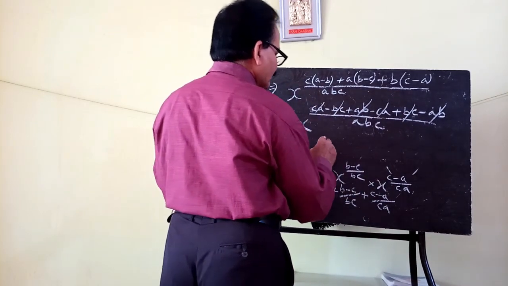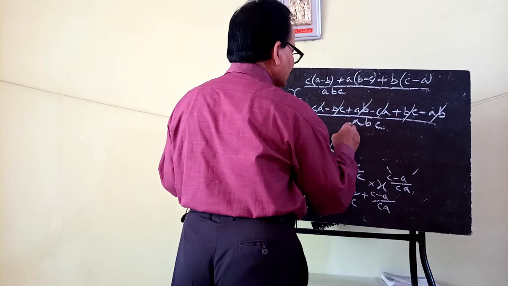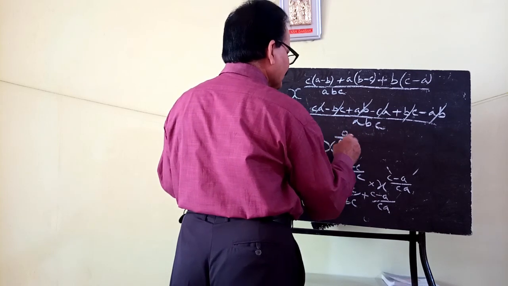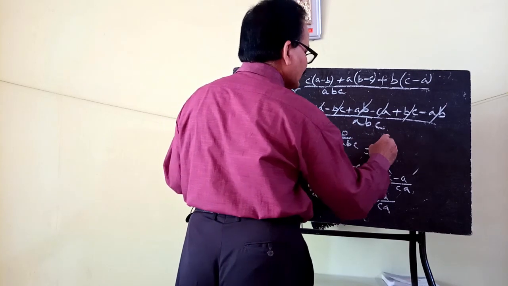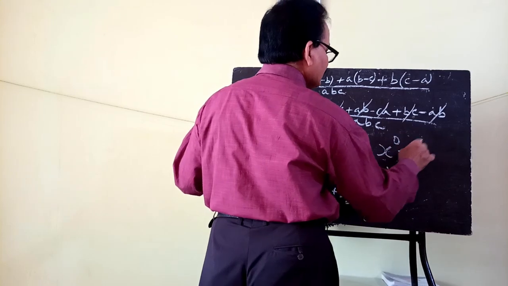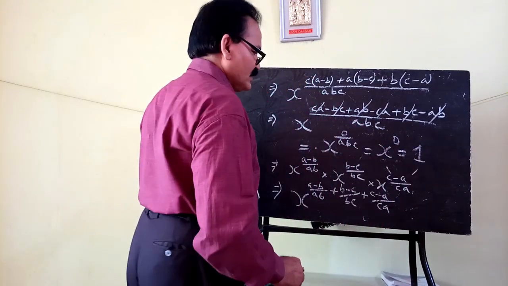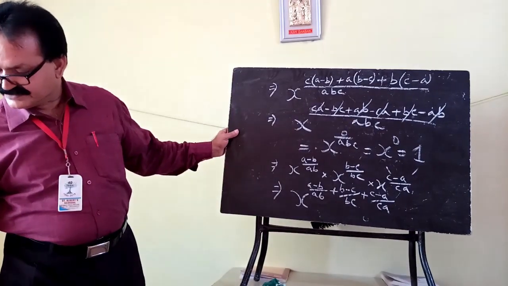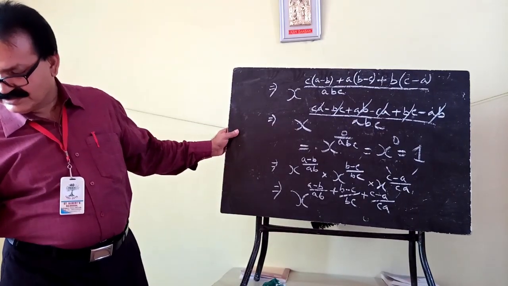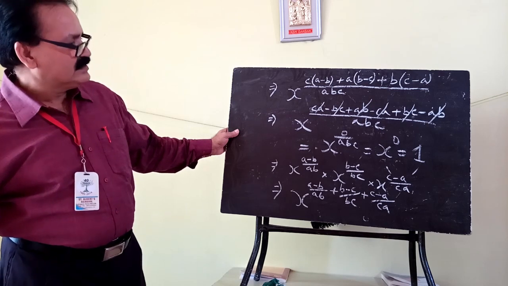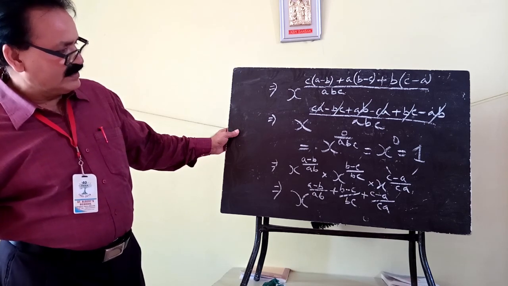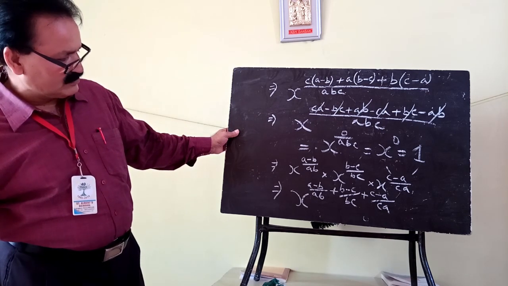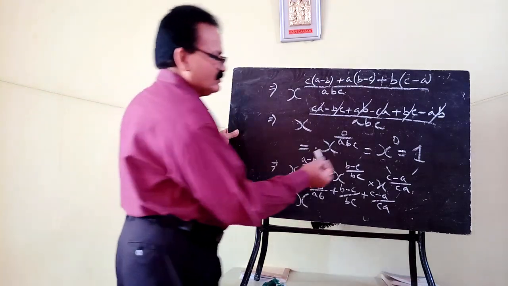So this will be x to the power 0 by abc, and x to the power 0 is equal to 1. Clear? So in this case also you have seen the problem. Your problem is over. So this is your solution.